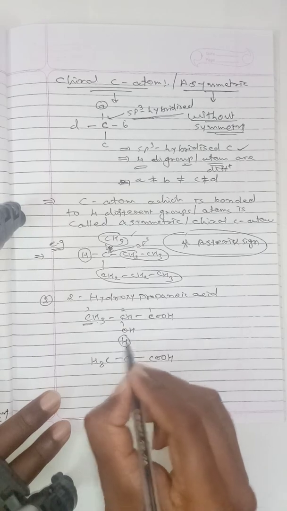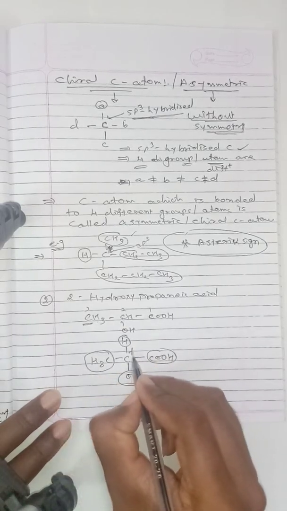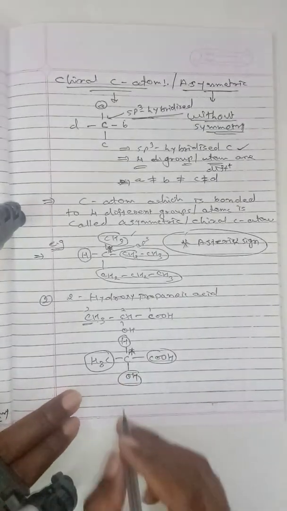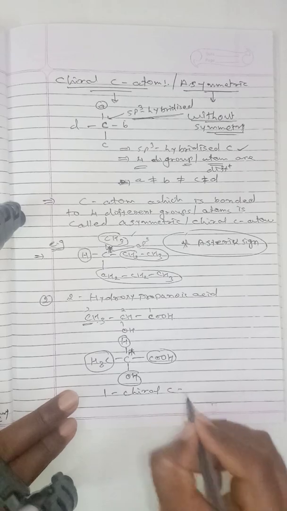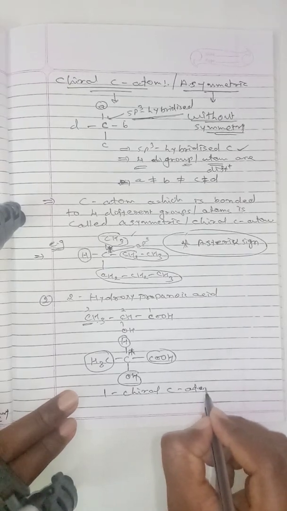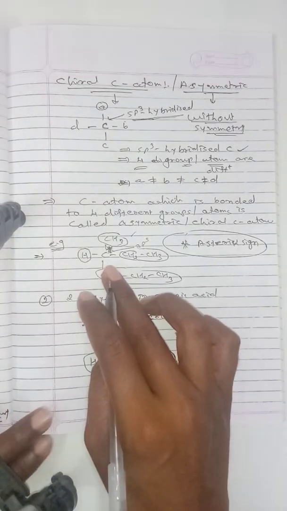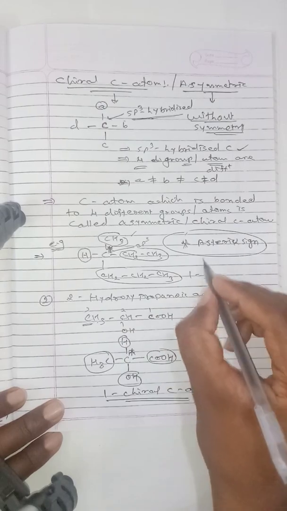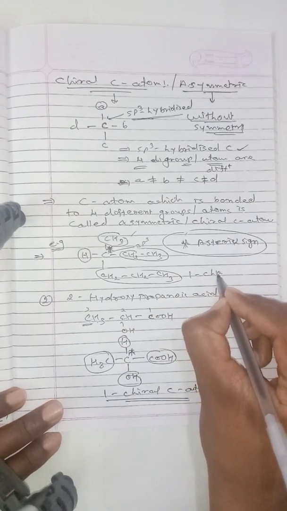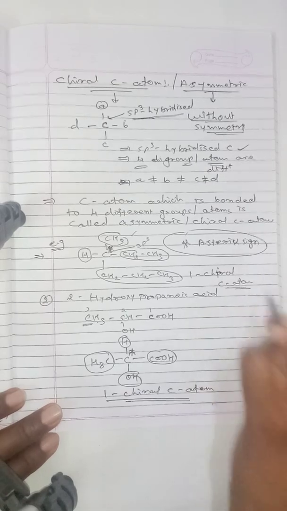So these are four different groups, and the second carbon is a chiral carbon. So this molecule has one chiral carbon atom.